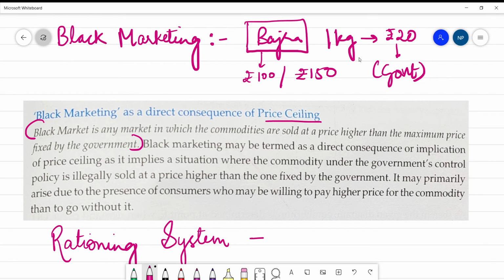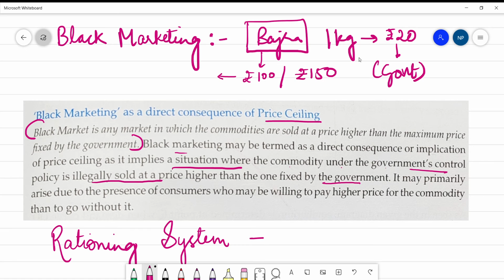Okay, so black marketing may be termed as a direct consequence or implication of price ceiling, as it implies a situation where the commodity under the government's control policy is illegally sold at a price higher than the one fixed by the government. So when the producers increase the price and supply to those people who need it the most, but at a higher rate, they are going against the government price.